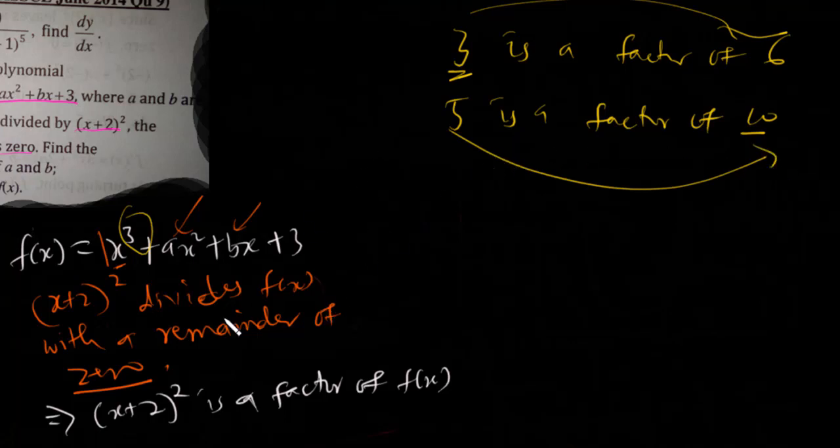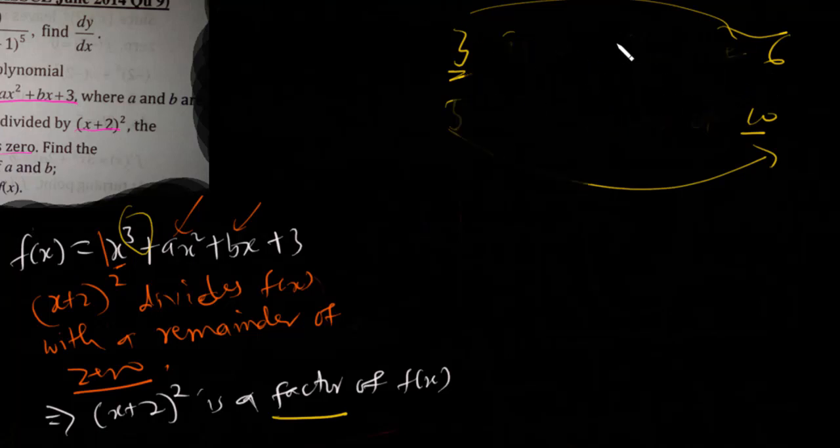So when we are told that (x + 2)^2 divides a certain function f(x) with a remainder of 0, what does that tell you? Of course, it tells you that (x + 2)^2 is a factor of f(x), just as 3 is a factor of 6 because 3 divides 6 with a remainder of 0.